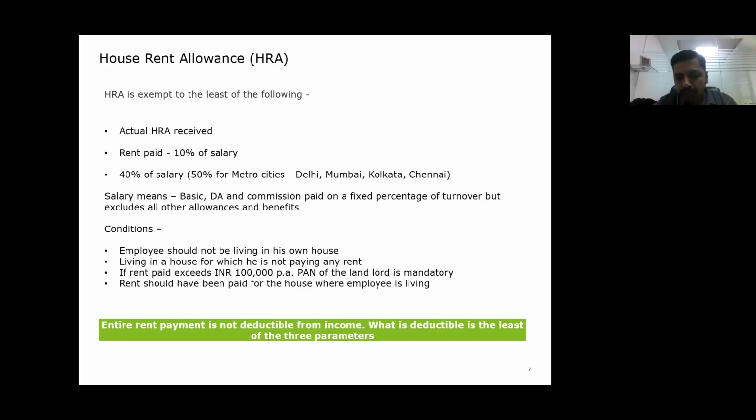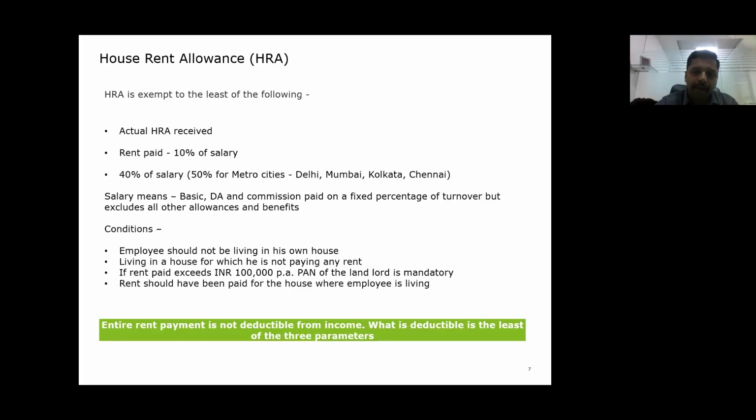Please ensure that you are checking this, because in case of scrutiny, assessment, TDS assessments and surveys, tax authorities are specifically catching HRA and they are checking whether the PAN actually belongs to the landlord or not. So as an employer, you should ensure that the PAN provided by the employee is correctly associated with the owner of the property whom he is referring to.